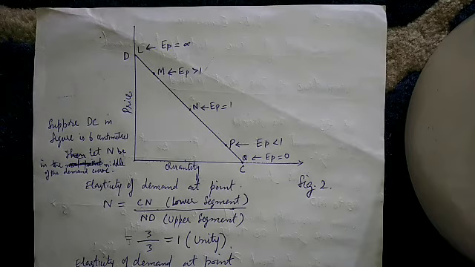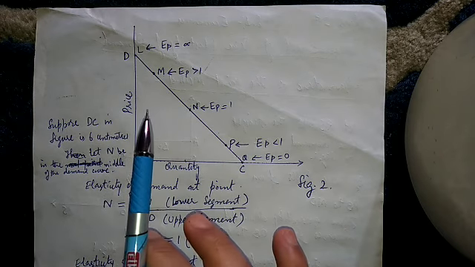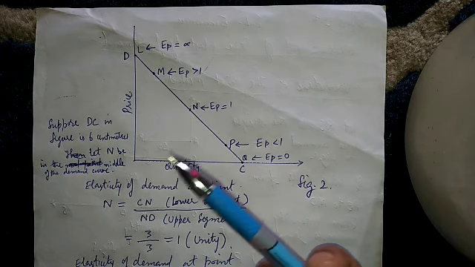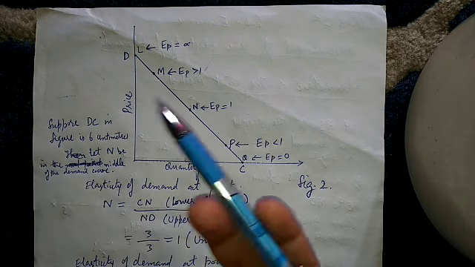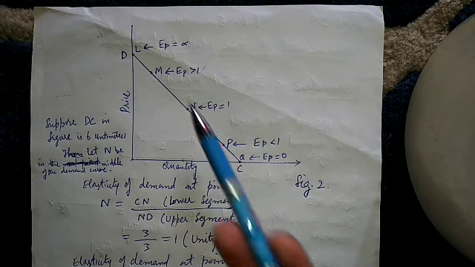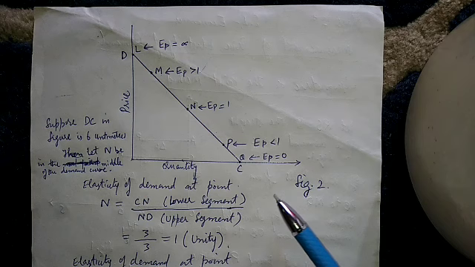Now with the help of the point method, or geometric method, it's easy to point out the elasticity at any point along a demand curve. Suppose this straight line demand curve DC in this figure 2 is 6 centimeters.